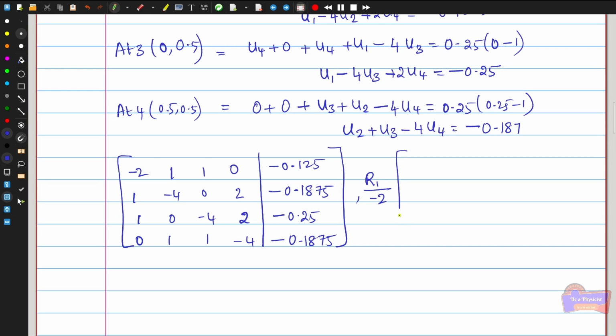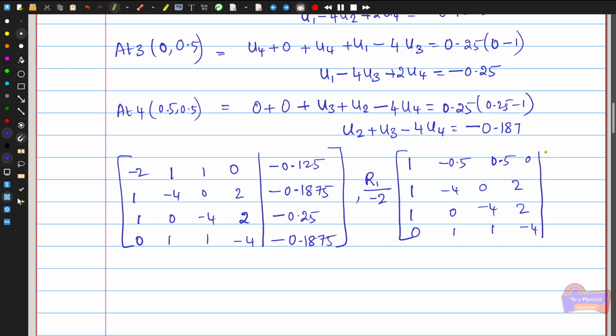If you do this, you will get 1, minus 0.5, 0.5, 0, and then 1, minus 4, 0, 2, 1, 0, minus 4, 2, and 0, 1, 1, minus 4. And multiplying the right hand side by 2, you get minus 0.0625, minus 0.1875, minus 0.25, and minus 0.1875.